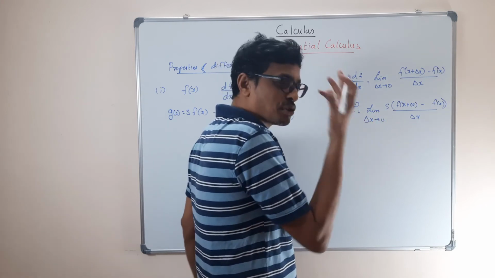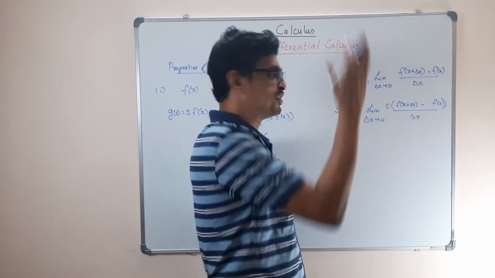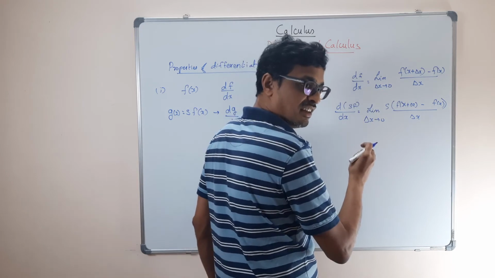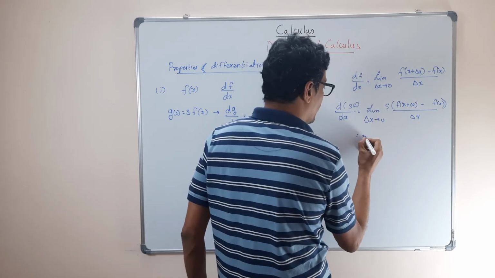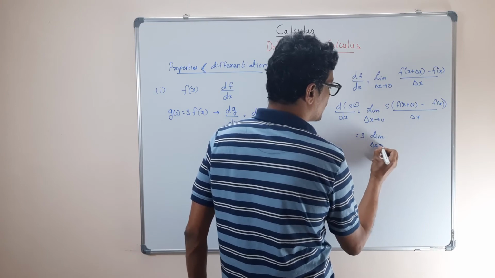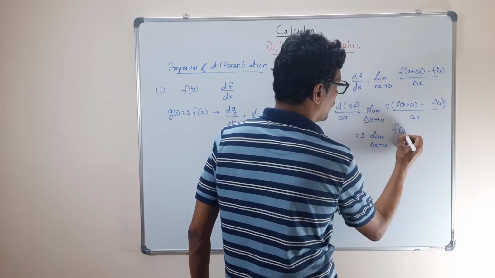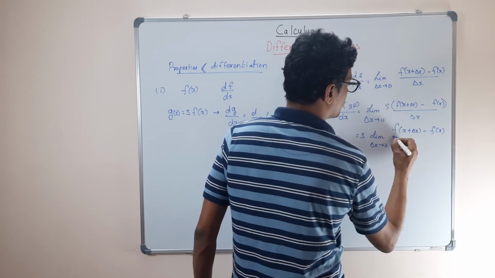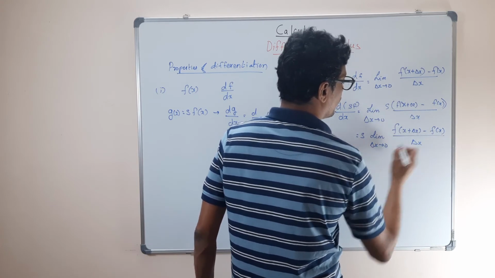Wherever delta x goes, s is going to be as it is. So I can write it outside. So s into limit delta x tends to 0, f of x plus delta x minus f of x by delta x. Now what is this?